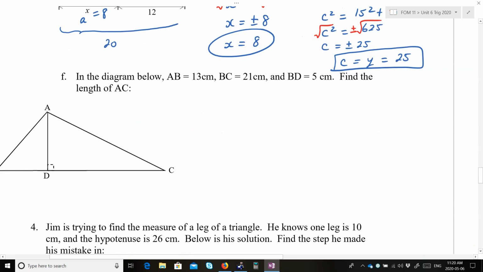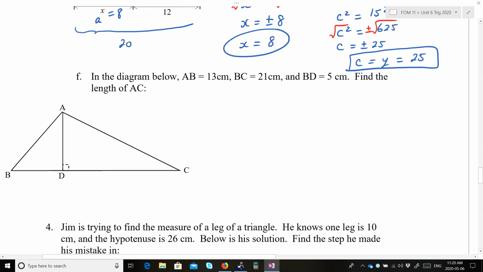All right, here is letter F. In the diagram below, AB equals 13 centimeters. BC equals 21 centimeters. And BD equals 5 centimeters.